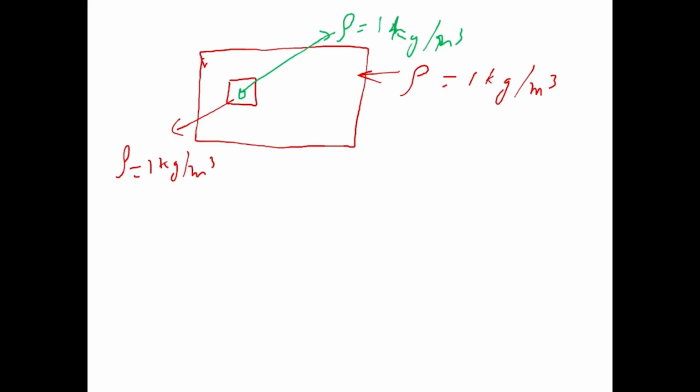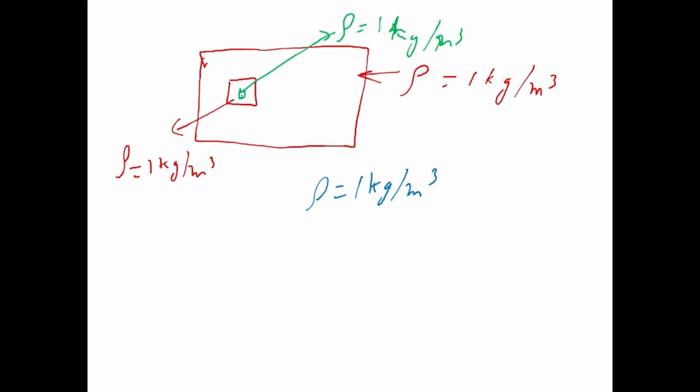Now for argument's sake, let's say I reduce it even further so that the volume I'm looking at is just a point, that blue dot right there, and I ask you what's the density of that dot, then you'll again say that it is 1 kilogram per meter cube.